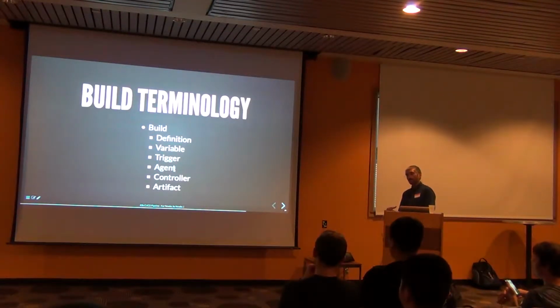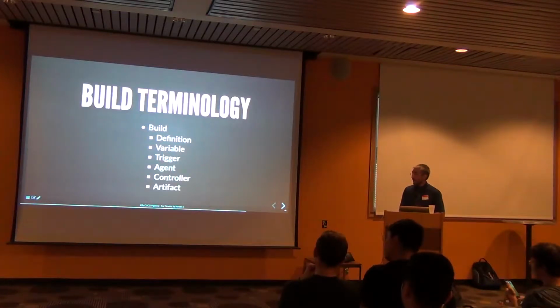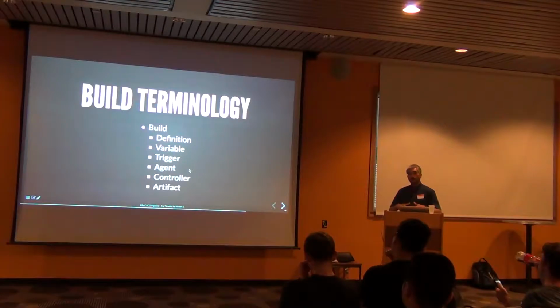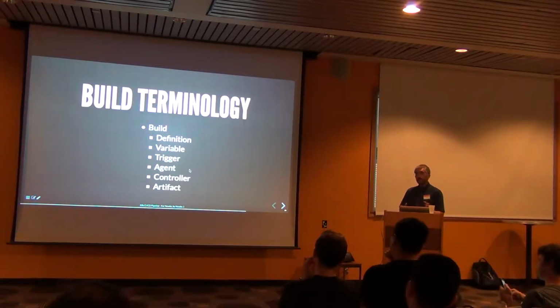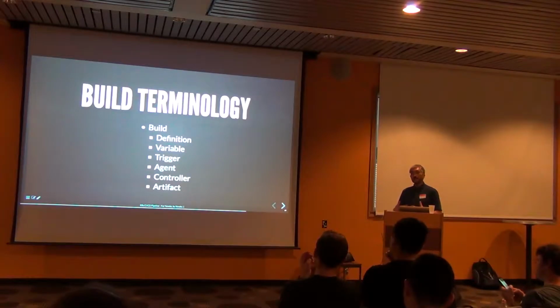In the case of really cheap human labor, that would be a person. In the case of a computerized world, it would be the computer, obviously. A build controller is the machine or the process of spreading out who is supposed to be doing what build. How do I distribute the work? And then the artifacts are just the evidence of any particular stage being completed.